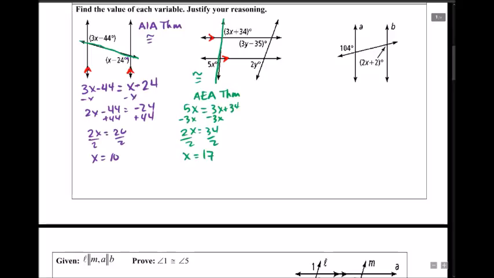Yay! Now, I see another transversal over here. Yes, I let my transversal be light blue. It's close to green. Same family. What types of angles do we have here? We have same side interior angles. And what does the same side interior angle theorem say?